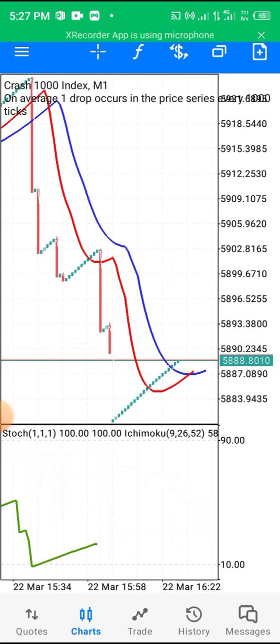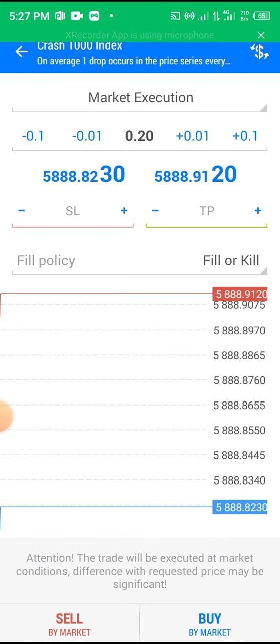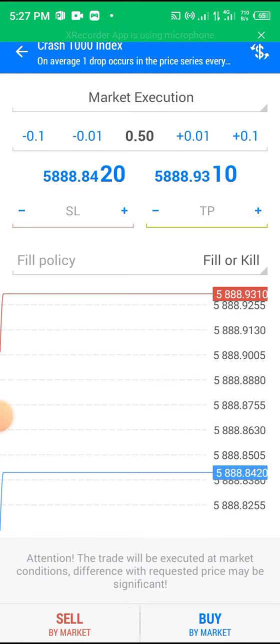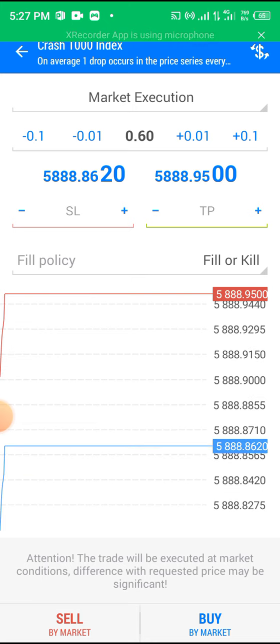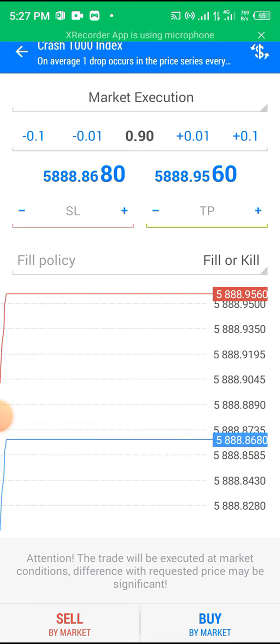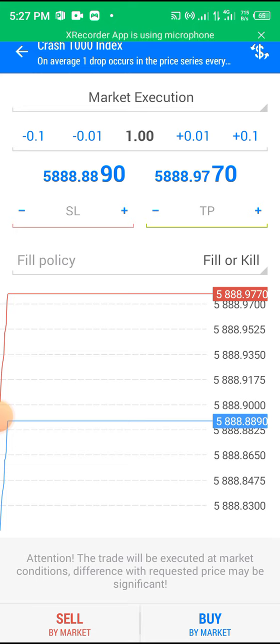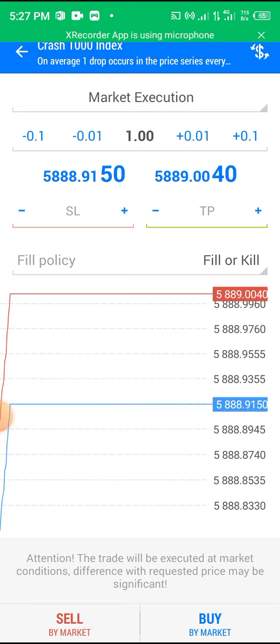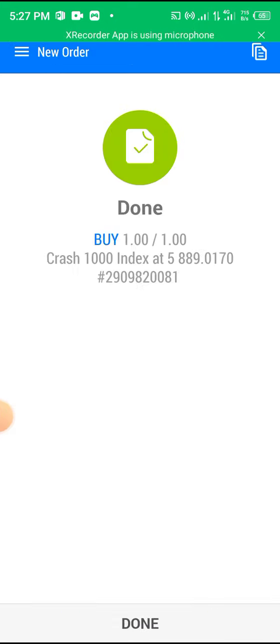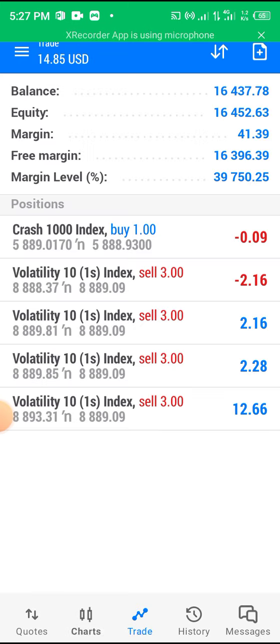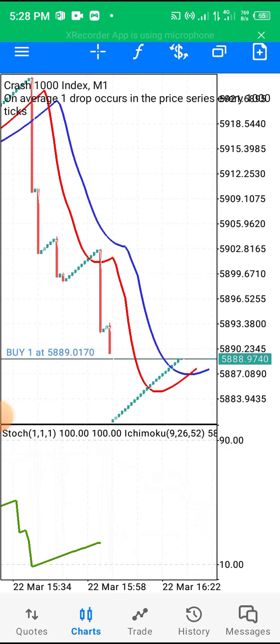Okay guys, so now it is time for us to open our trade and pick 10 candlesticks. You can use any lot size you want to use, a lot size of your choice, depending on your account size, and make sure you always apply risk management.